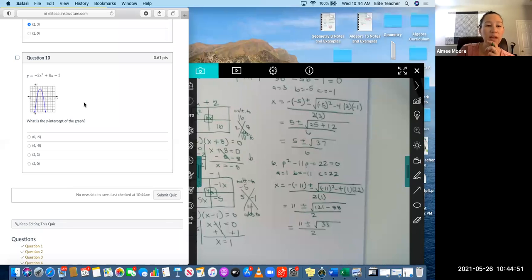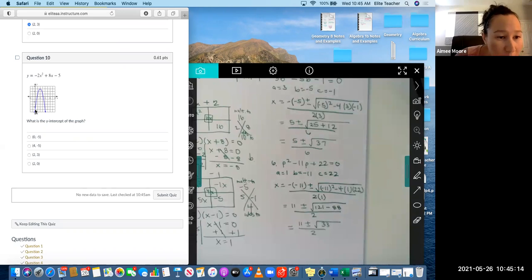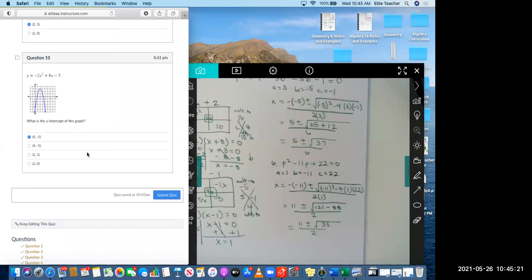Remember, when you're finding the y-intercept, all you have to do is look at the y-axis and go down it until you see where it hits, which this graph should be much larger. Unfortunately, it was input very small and tiny, but it looks like it crosses at -2, -3, -4. It's almost there. It's really at -5, but it's very hard to tell with such a small graph. So it's that first one, 0, -5.